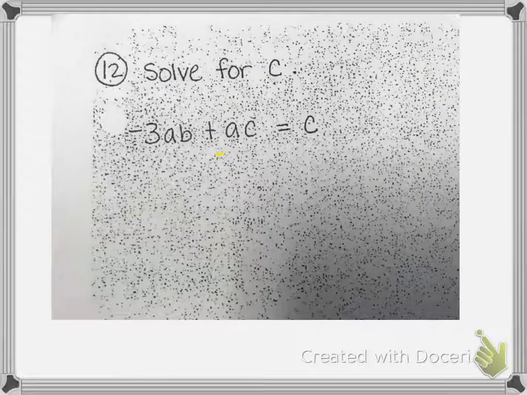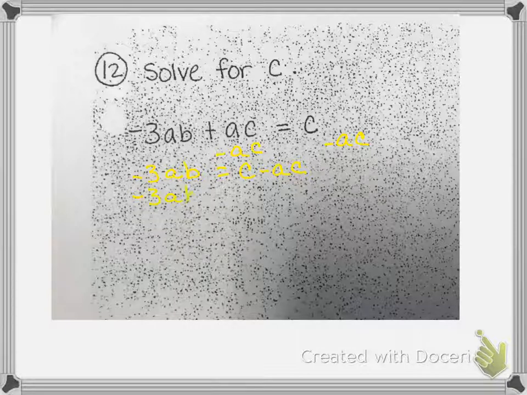Alright, solving for c. We're going to do a little bit of maneuvering here. I'm first going to move my AC over to the other side, so I'm going to subtract AC from both sides. That gives me negative 3AB is equal to C minus AC.